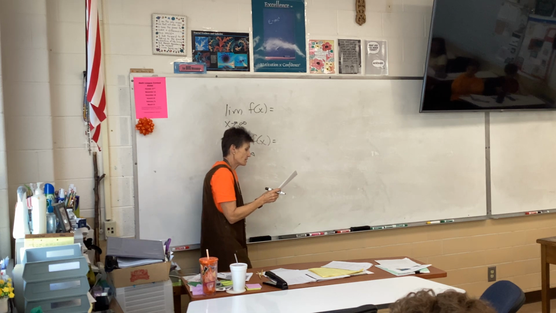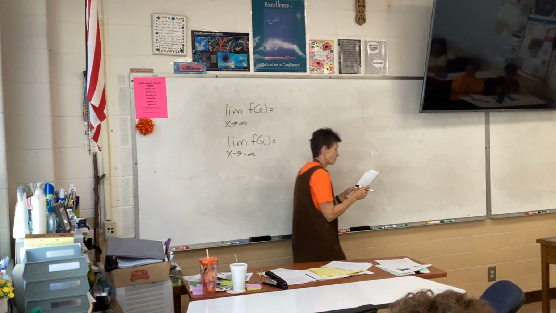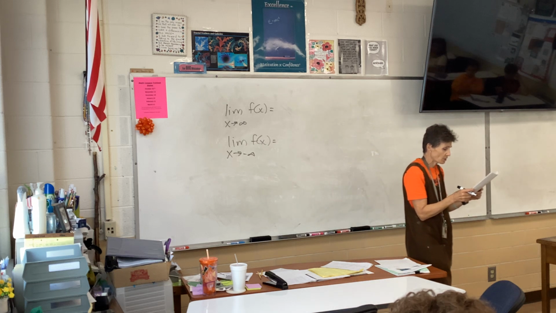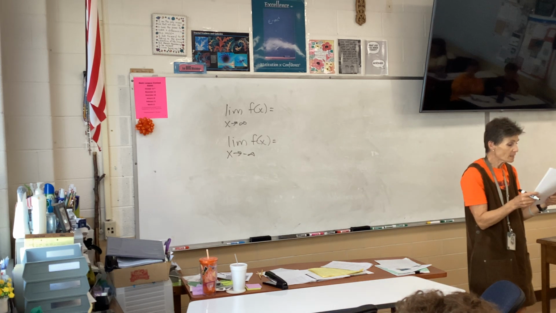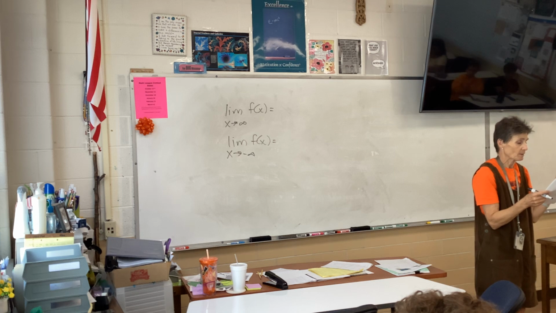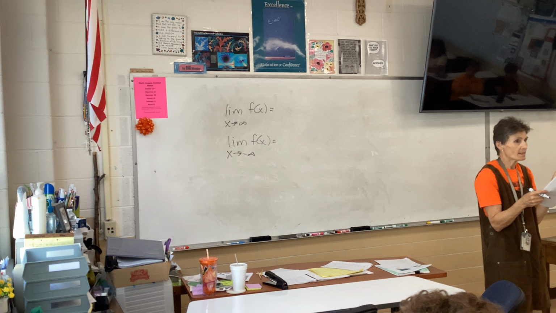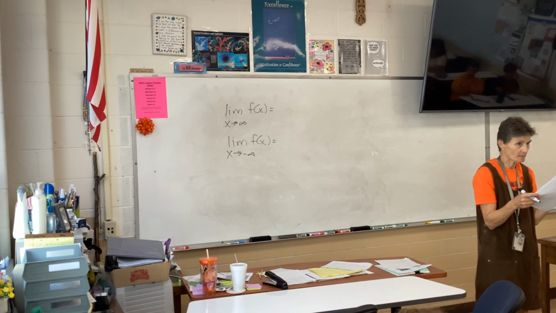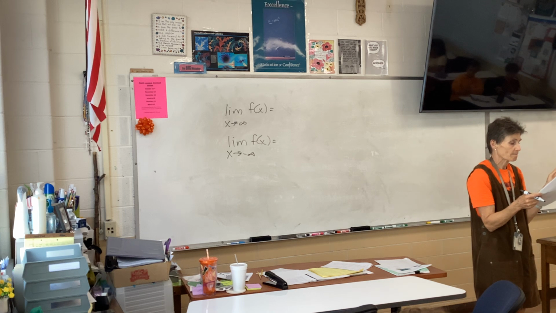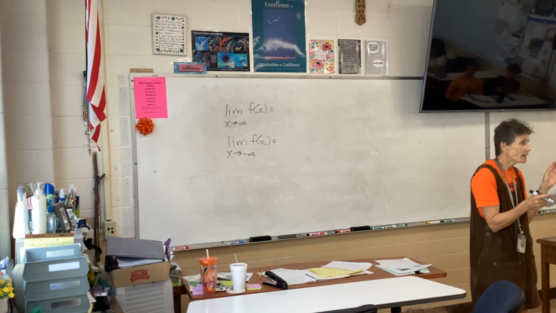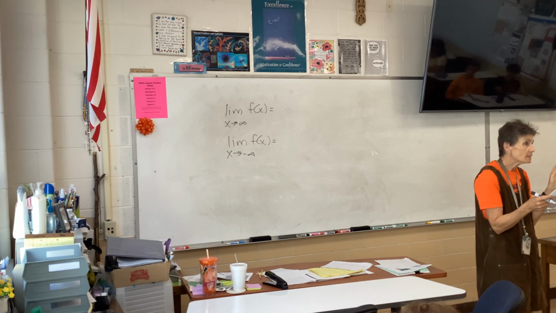Okay. Describe the end behavior verbally and using limit notation. All right, so as we go to the left, how are we going to say this verbally? As x decreases, what does y do? Increases.